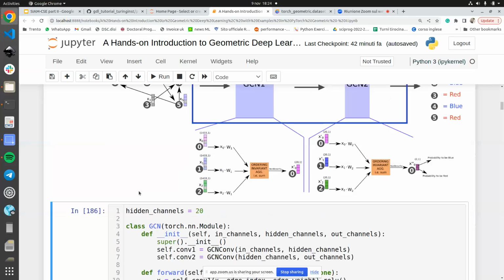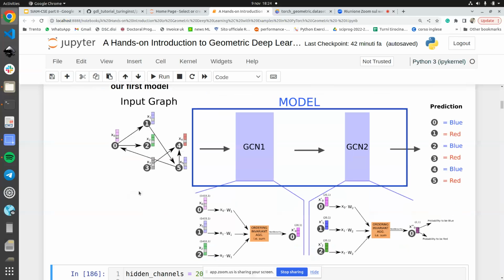So I have one question. Sure. Why are we multiplying each of these nodes with W1? The x0, x1, and x2, in each case we are multiplying with W1. But in a feed-forward neural network, we apply different weights to different nodes. Sorry if the question is naive.